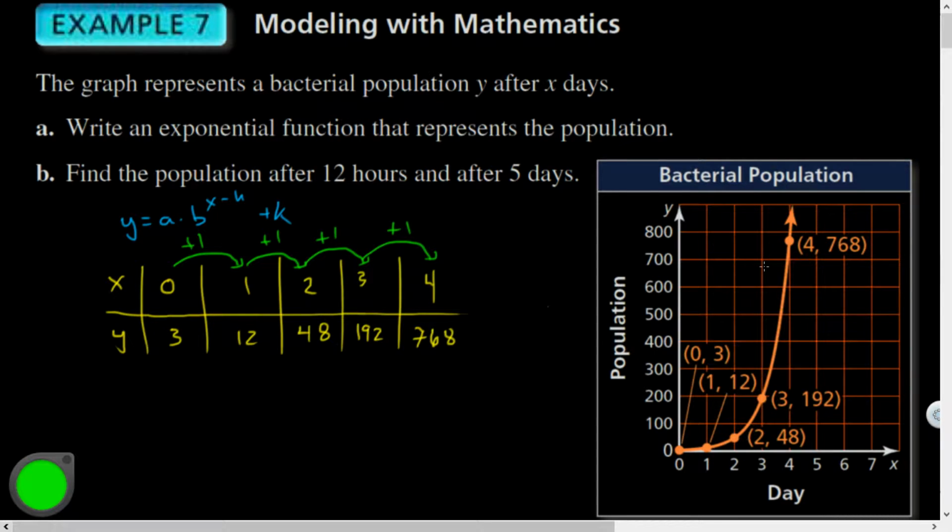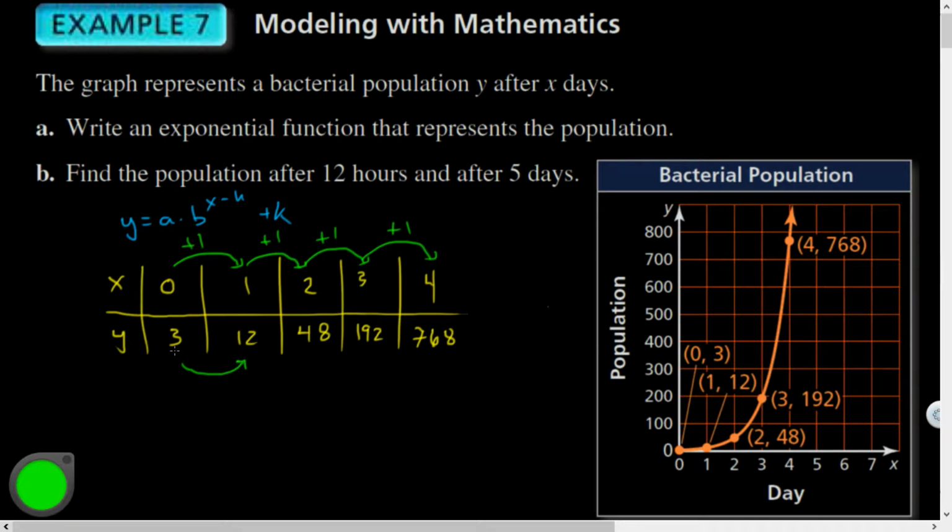And now the question is, what is the pattern for the y's? To go from 3 to 12, I could have added 9, but if I'm adding or subtracting, that would have been a linear relationship, and I already see that this is exponential, which is why I'm even thinking of this equation.